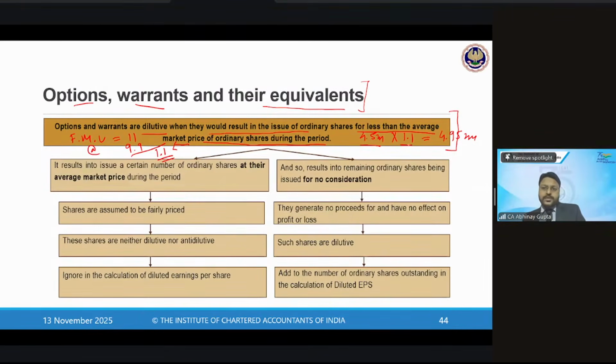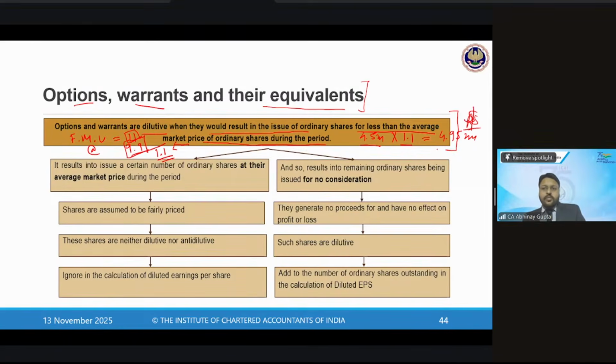The benefit per share is 1.1 rupees, because 1.1 is the difference between the fair market price of one share and the exercise price of one option. So 1.1 rupees is the benefit passed on to the option holder on each share. So 4.5 million is the number, into my value, so 4.95 million is the amount.